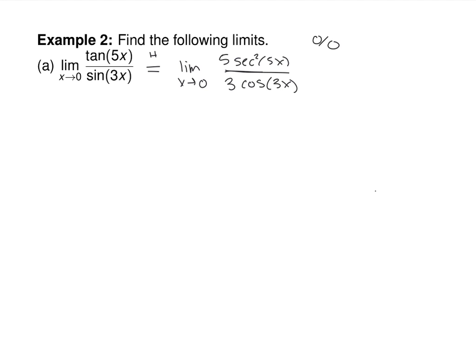Okay. And now can you plug in 0? What's secant of 0? Secant 0 is 1 over cosine 0, which is 1. So the numerator here is going to be 5, and the denominator is going to be 3. Does that make sense?